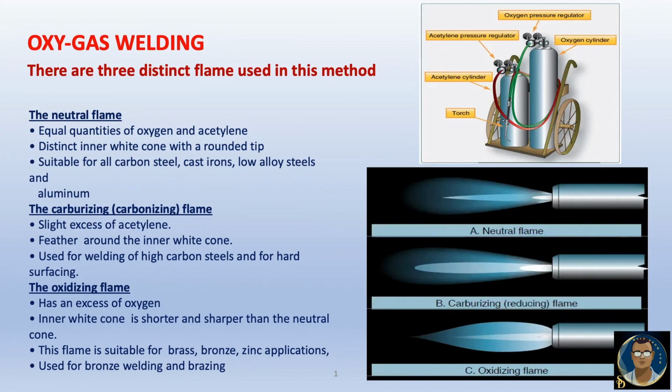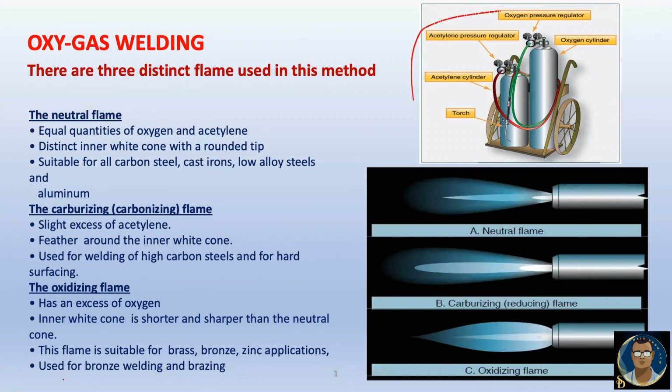The oxidizing flame, where oxygen is in excess, cannot be used for carbon steel because the oxygen reacts with carbon steel and makes it brittle. The effect of oxygen severely affects the mechanical strength of carbon steel. So this flame is suitable for brass, bronze and zinc applications, and for bronze welding and brazing.